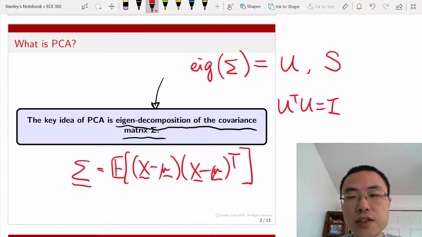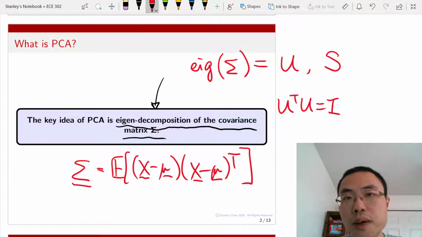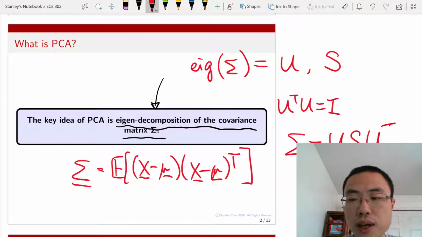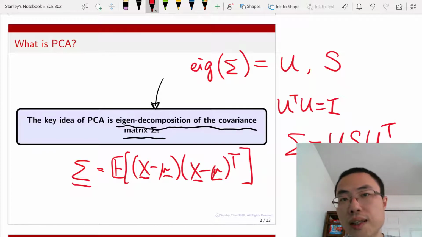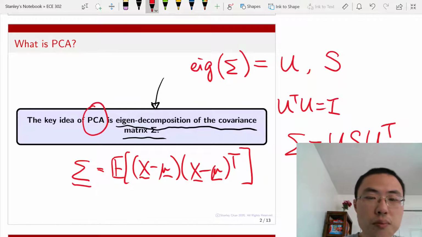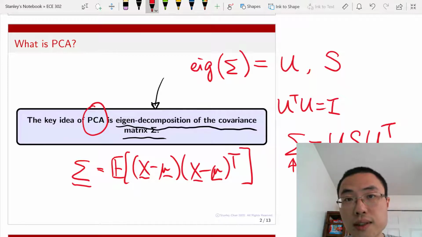This S matrix is a diagonal matrix that stores all the eigenvalues of this matrix. So if you apply the eigen decomposition to sigma, you will get U and S. They are matrices. Mathematically, you can also say that sigma can be written as U, S, and U transpose. And this is what we mean by decomposing a matrix sigma into U and S. So PCA is exactly this decomposition on this covariance matrix sigma.